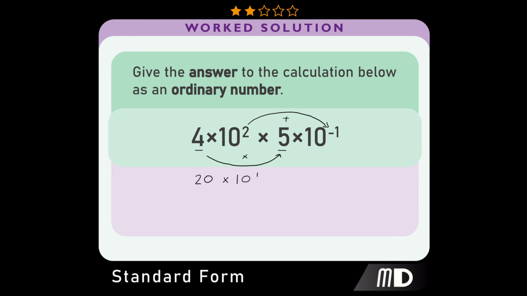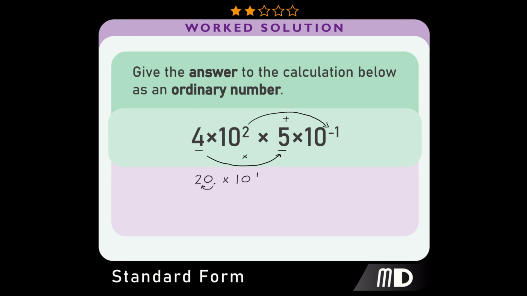However, remember we said that one of the rules of writing a number in standard form is that it must be in the form a multiplied by 10 to the power of n, where a is less than 10 and greater than or equal to 1. 20 is too large, so we need to rewrite this by shifting the decimal point back 1 position.